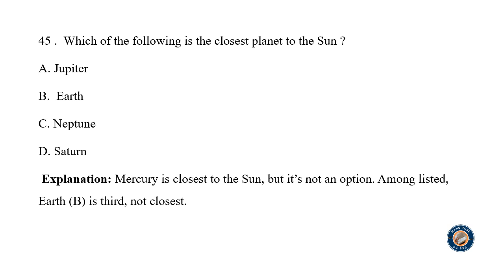Mercury is the closest to the Sun, but it's not in an option from A to D. Among listed, Earth is the third one, not the closest one. Take a serious reference on this question.